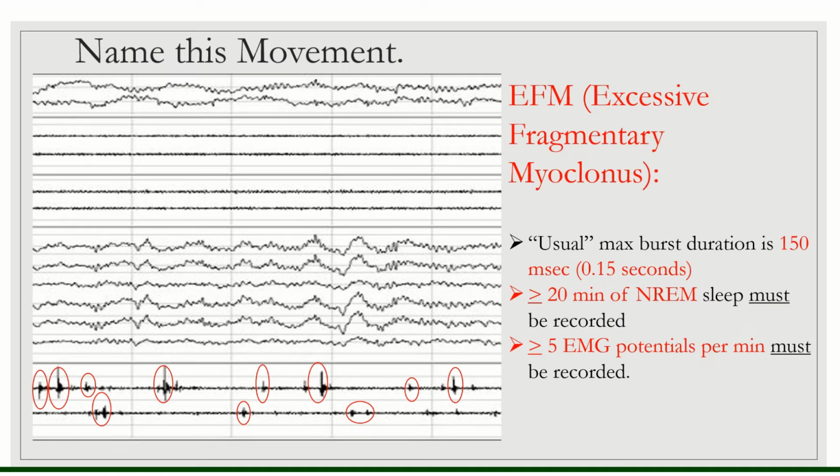All right, at least 20 minutes of non-REM sleep must be recorded if we're going to score EFM. Keyword again, at least 20 minutes of non-REM sleep must be recorded. Also, at least 5 EMG potentials per minute must be recorded. That's a lot. This is why we don't recommend that you score this.